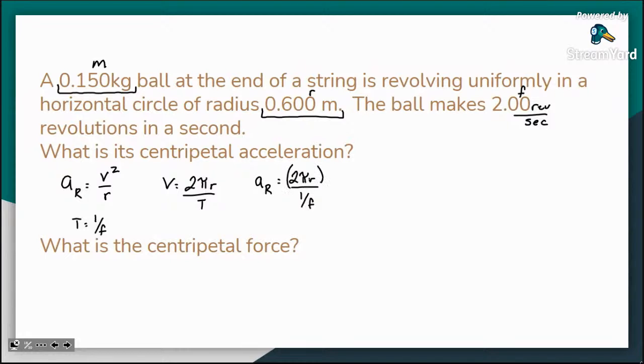And then that 2 pi r would need to be squared because over here velocity is squared. So now when I substitute in all of these values, what I get is 2 pi times my radius of 0.600 meters, and that is going to then be divided by 1 over frequency. So if my frequency is 2, then that is going to be a value of 0.5.